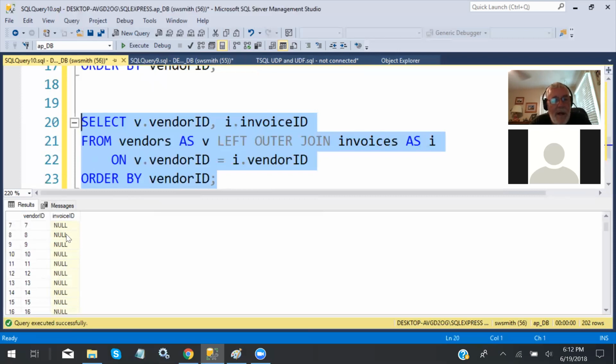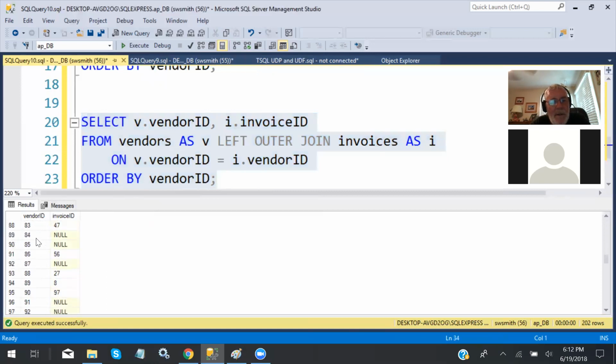The first one I get is vendor ID 34. Vendor ID 34 has a couple. 35, 36 don't. 37 has some. In fact, I have more vendors with no invoices than I do that have invoices.